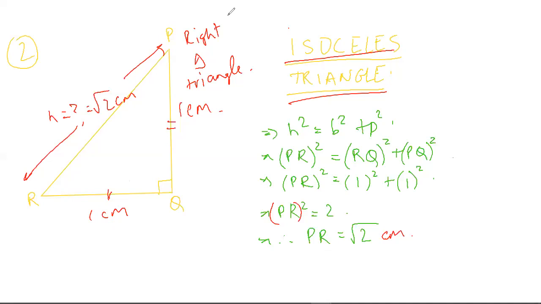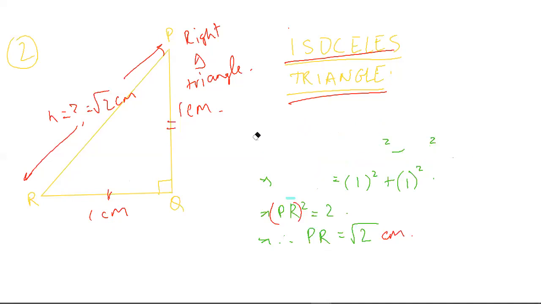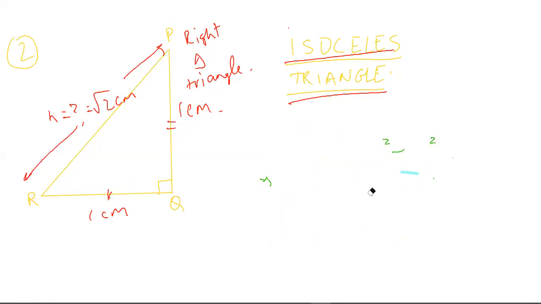First of all, I'll make some space. Okay, so once we made enough space, first we will assume our missing angles to be x. So if this is x, therefore this also will be x. How so, you might ask? Well, because this is an isosceles triangle, two sides are equal.